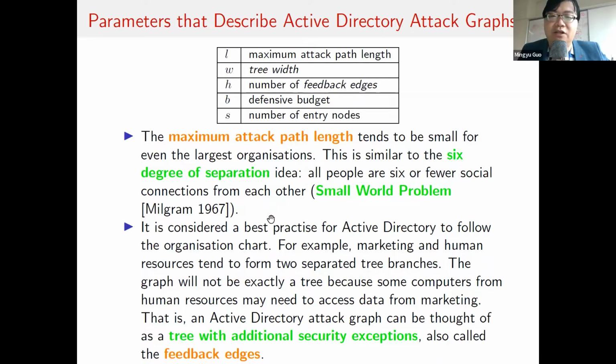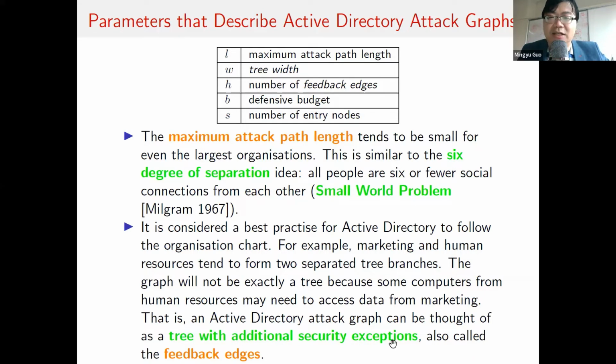Our definition of feedback edges is as follows. It is considered the best practice for an AD graph to follow the organization chart. So for example, marketing would form one tree branch, and human resources form another tree branch. But then it's not exactly a tree, because someone in marketing may need to access some computer from human resources and vice versa. So it's going to be a tree with a whole bunch of security exceptions.